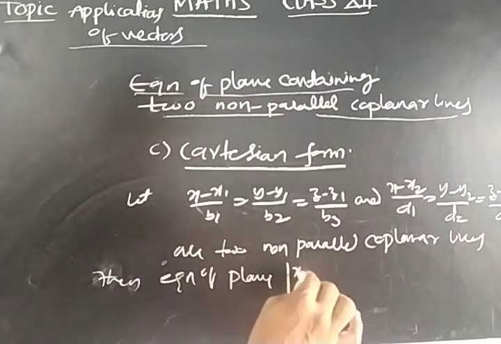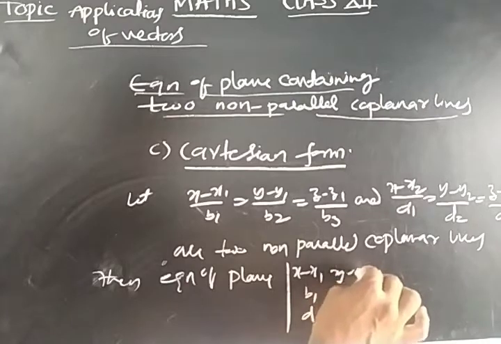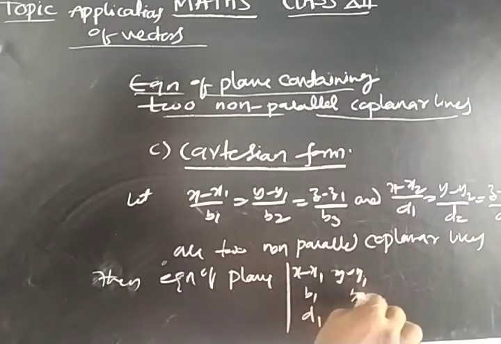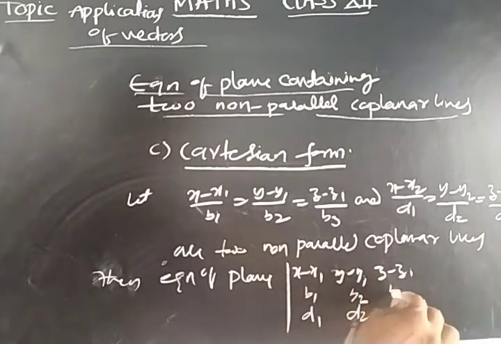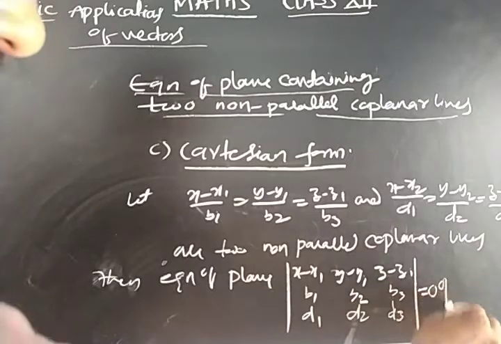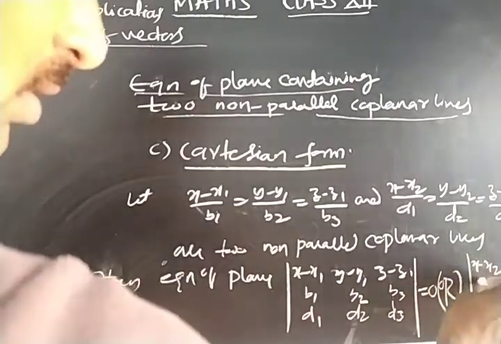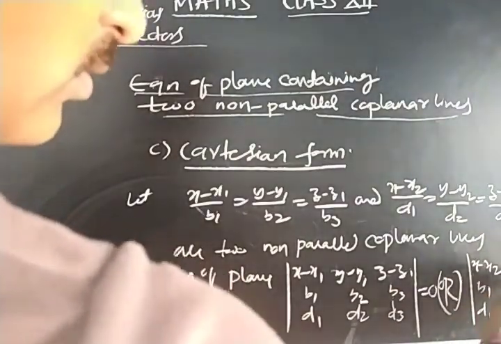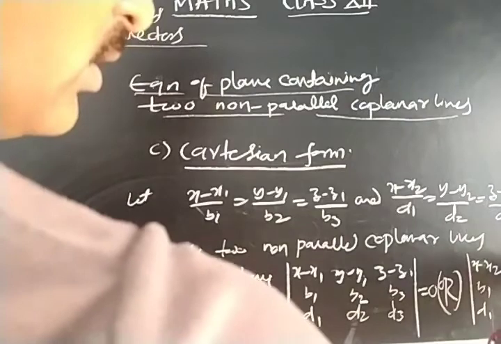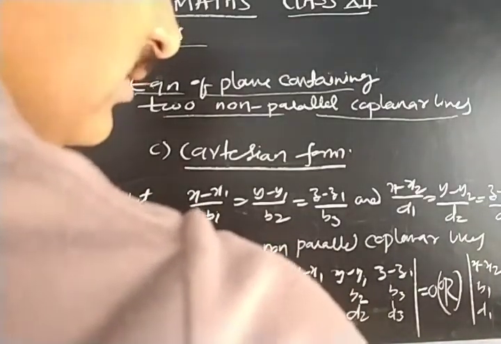Equation of plane, you can take the determinant with rows x minus x1, b1, d1; y minus y1, b2, d2; z minus z1, b3, d3 equal to 0, or you can take x minus x2, again b1, d1; y minus y2, b2, d2; z minus z2, b3, d3.